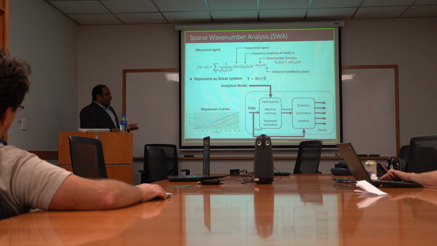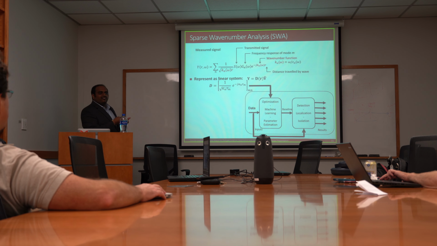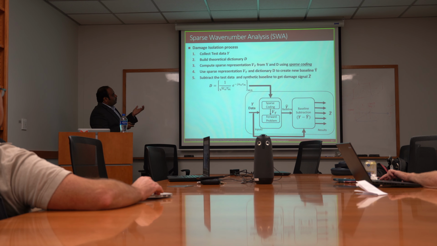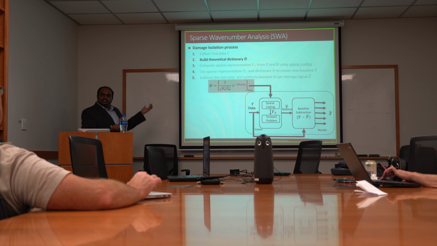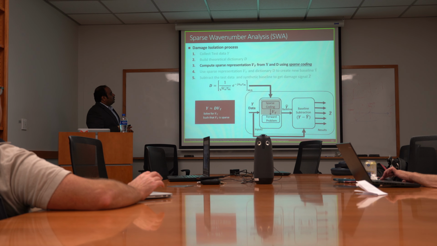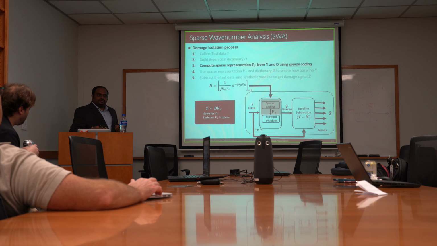So assuming the sparsity condition with a known dictionary from this plane wave approximation, how does sparse wave number analysis work? First, we collect the test data, and then we build the theoretical dictionary using a plane wave approximation. And then we do sparse coding to solve for V, which is the dispersion curves.